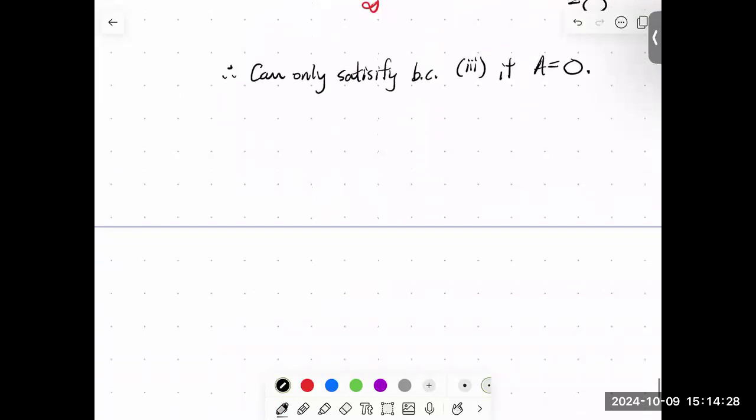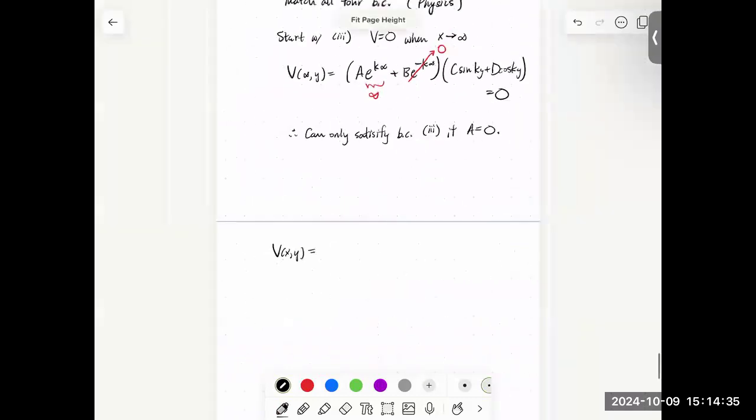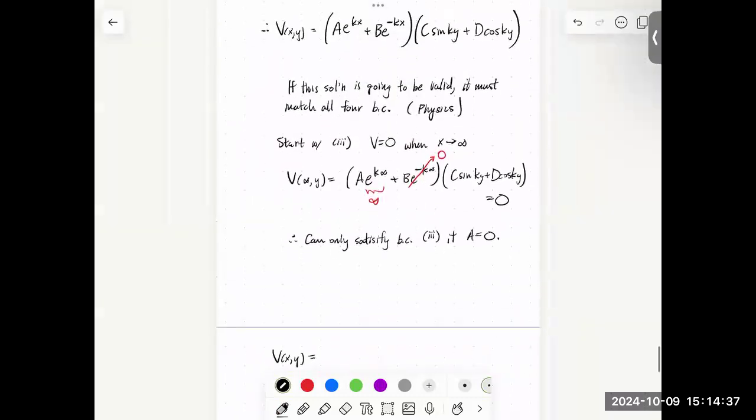That's okay. Then v of x,y in general. So let's see. A is going to be 0. So we're going to end up with b e to the minus kx times the trig function stuff. But b times c is just some other constant, and b times d is some other constant.